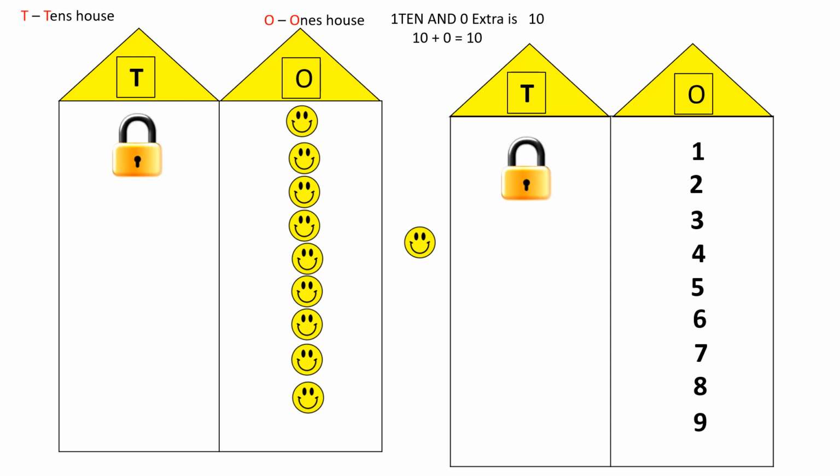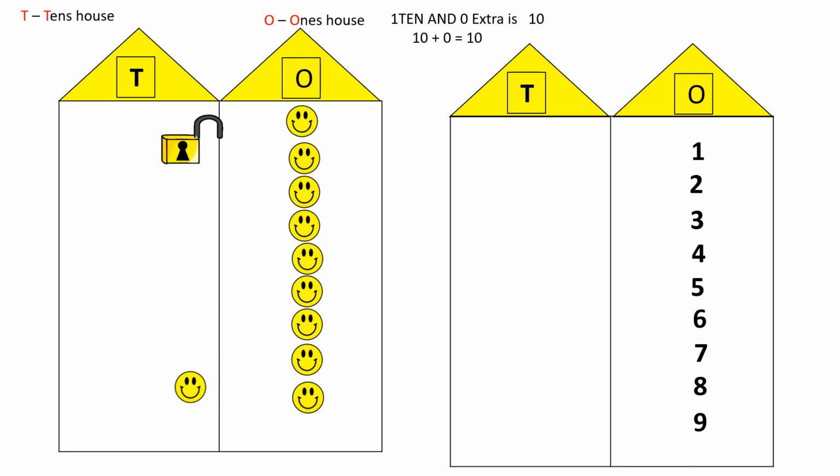But then he knocked, and he went to the 10's house because one's house was full. So he requested 10's house to open the lock. And 10's house opened the lock and let the extra come in.